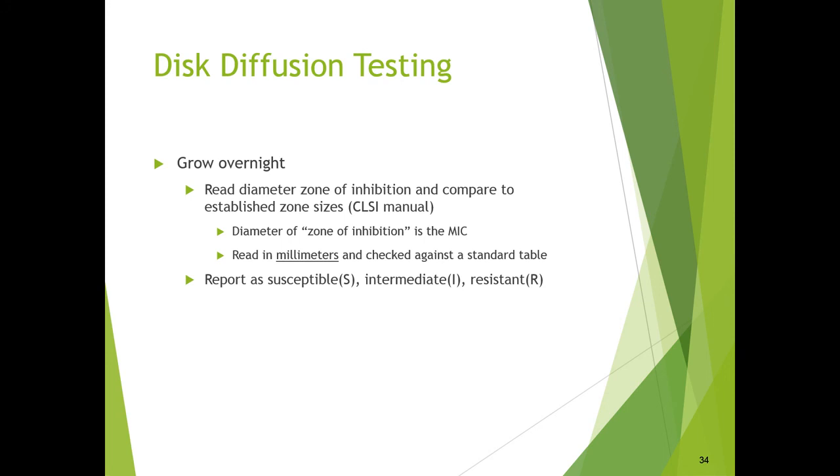And so what you get is a circle or a zone of inhibition around the disc. And so you measure the diameter of that zone, and you're going to compare it to the standard manual that we have in lab to determine if that zone size correlates to a sensitive or resistant interpretation. You read these zones of inhibition in millimeters.